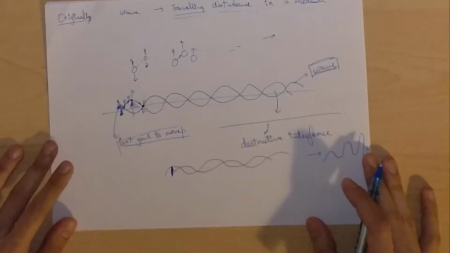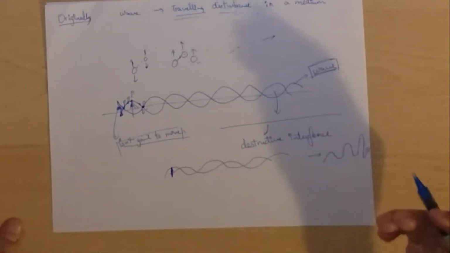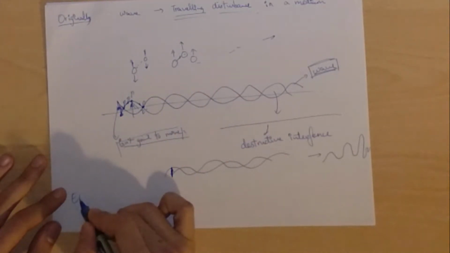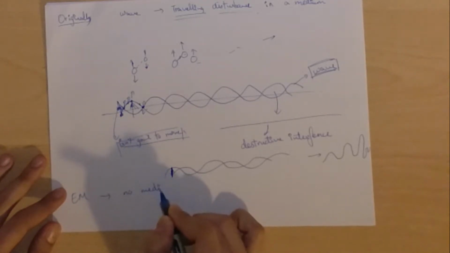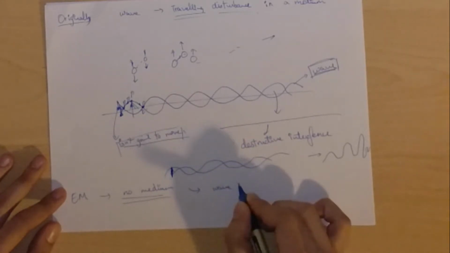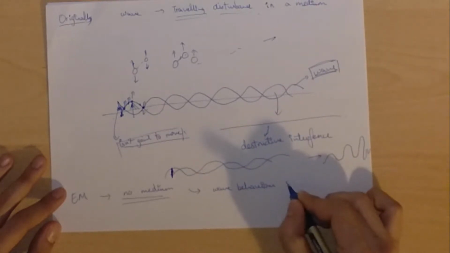So these are interference patterns, and we have explained it using disturbances in a medium such as water or air. However, when you come to electromagnetic radiation, there is no medium. However, wave behavior still applies, which is very interesting.